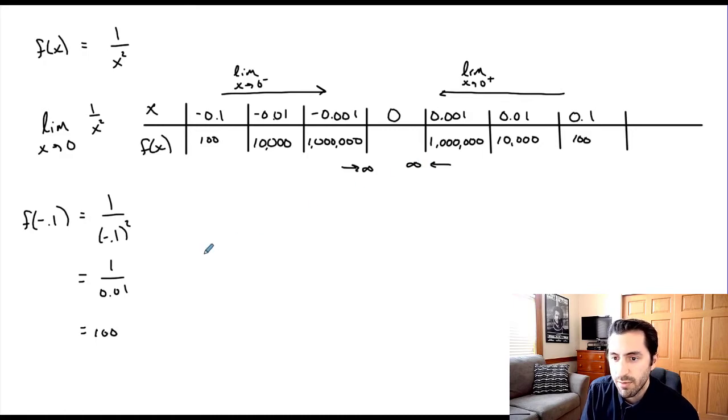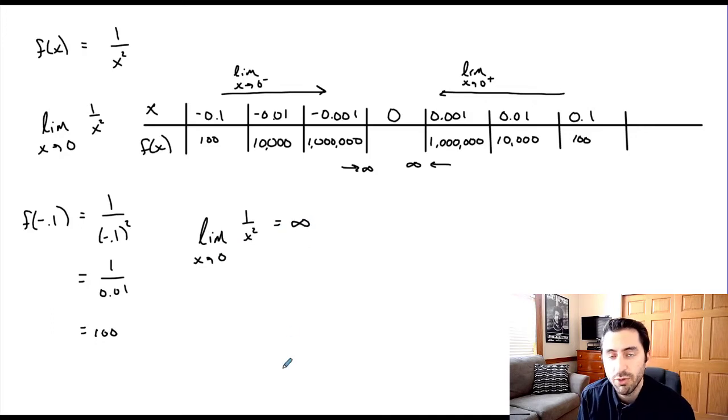So what I can say for my final answer then is the limit as x approaches 0 of this function is equal to infinity. Now, one important thing to note here is because infinity does not represent a number, technically the limit doesn't exist. For the limit to exist, we need to approach the same real number from both sides.